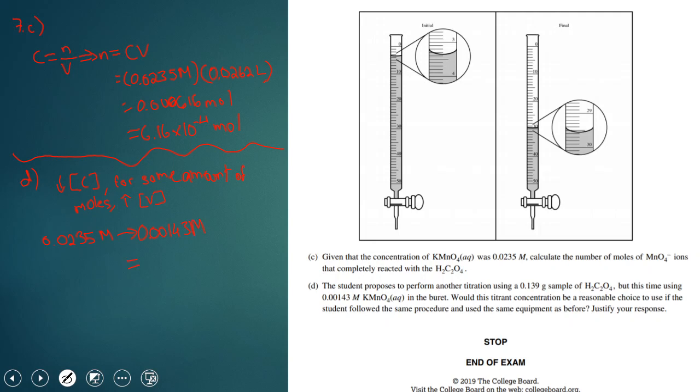I'm just going to put that in my calculator. So 0.0235 divided by 0.0014, it's about 16.8 times less. Alright, so then 16.8 times our volume.